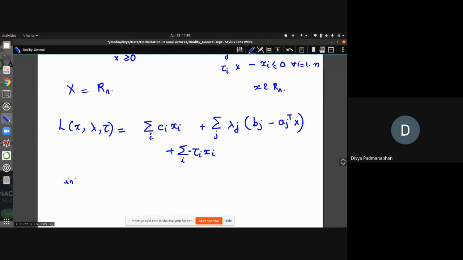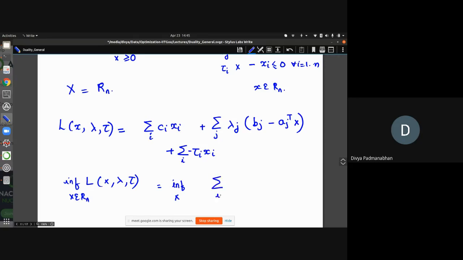So what you need to do is inf of this Lagrangian over all x, and this is an unconstrained problem. Okay, so here, let me just group these terms in a particular way. So this is inf over x, and I'm just going to group it based on the x_i's.